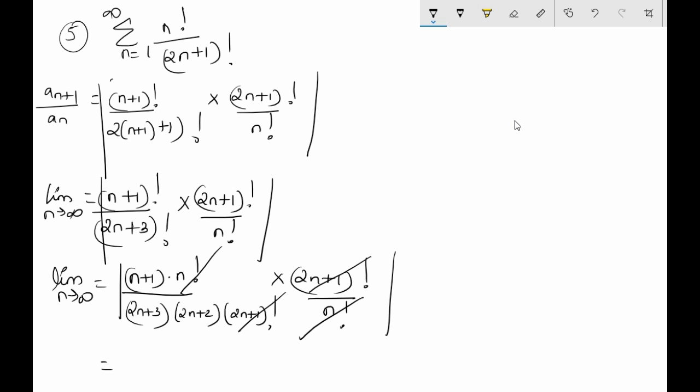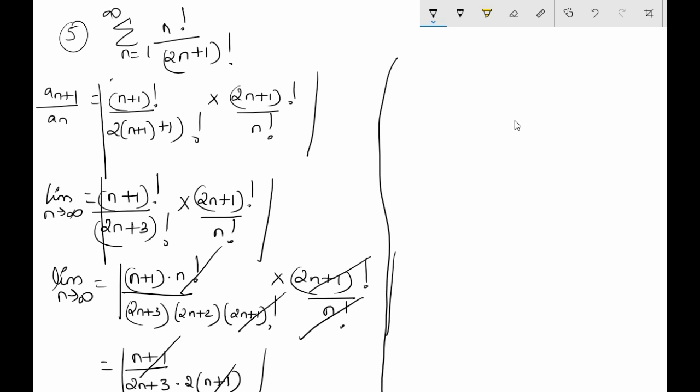So we are left with (n+1) over (2n+3) into (2n+2). We can take 2 common, so it will be 2(n+1). So again (n+1) and (n+1) will get cancelled. We are left with 1 by 2 into (2n+3).